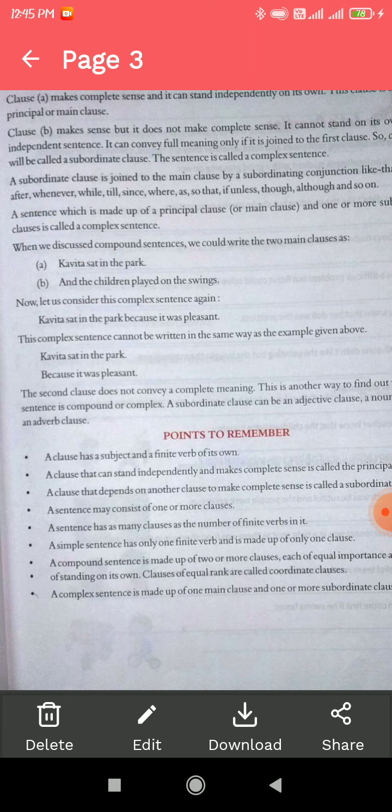When there are two or more principal clauses in the sentence, it is called a compound sentence, and the clauses of a compound sentence are called coordinate clauses. A complex sentence is made of one principal clause and one or more subordinate clauses.